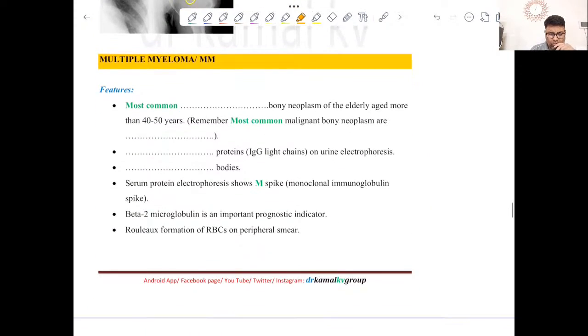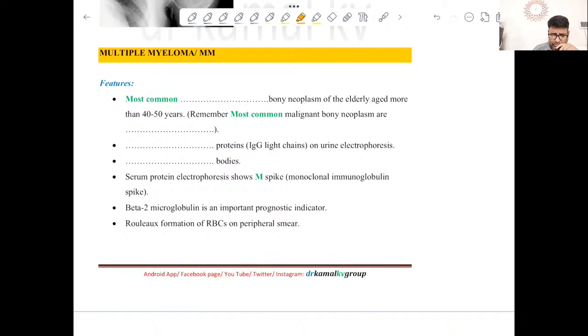Then we move forward to multiple myeloma, which is the most common primary malignant bony tumor in the elderly age group, especially more than 40 to 50 years.